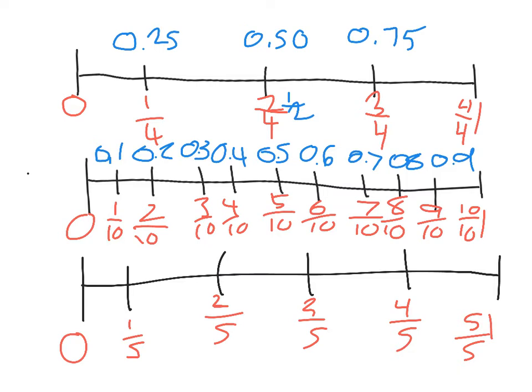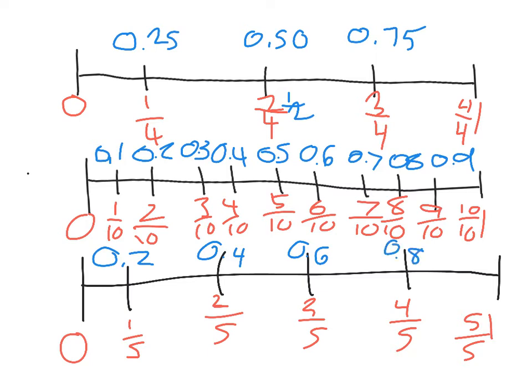I remember my fifths are very similar to my tenths, except instead of counting by 1 tenth, I'm counting 2 tenths at a time. So this would be 2 tenths, 4 tenths, 6 tenths, and 8 tenths.